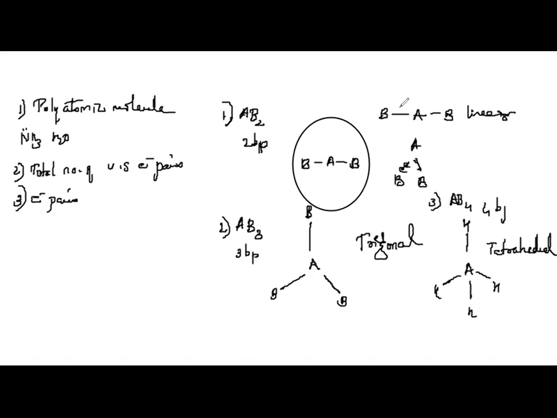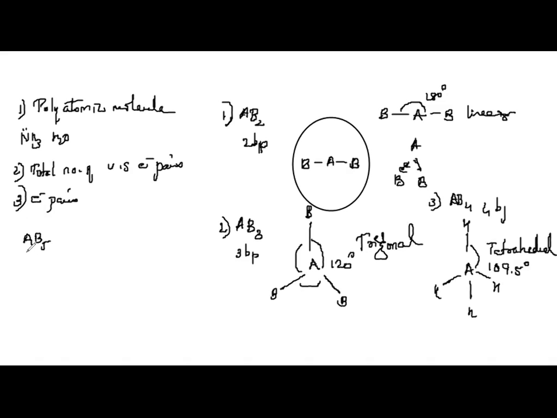And you can even state the bond angle. For the linear molecule the bond angle is 180 degrees, the angle between the 2 bond pairs. For trigonal, wherever you want to measure, the bond angle is 120 degrees. Here the bond angle is the tetrahedral bond angle, which we call 109.5 degrees.